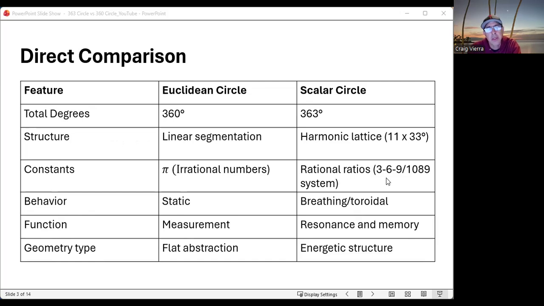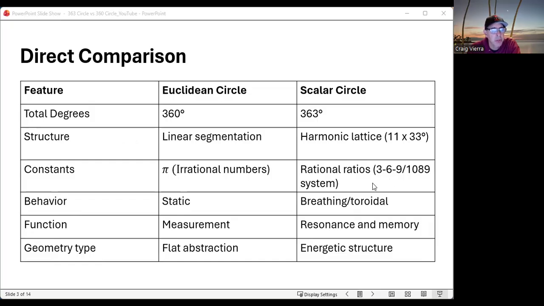In the etheric lattice, you're going to see the numbers 3, 6, 9 appear as digital roots. I'm going to refer to this as a 1089 system because numerical values show up that are multiples of 1089.